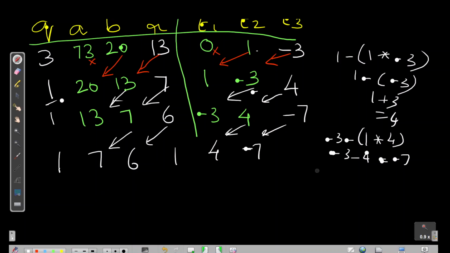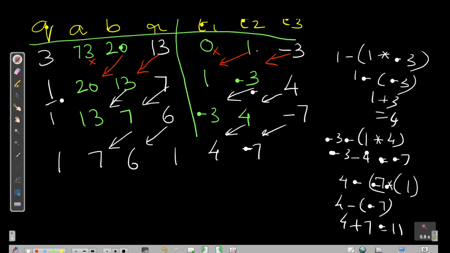So 4 minus Q, which is 1, into minus 7, which is minus 7. So 4 minus of minus 7 is 4 plus 7, we'll have 11. So now T3 becomes 11.